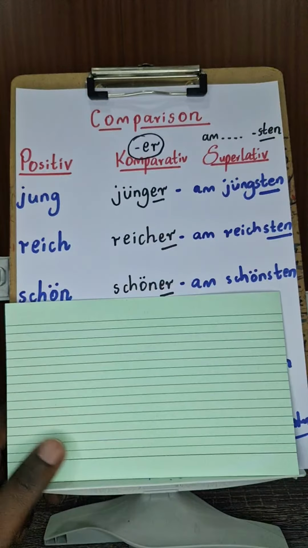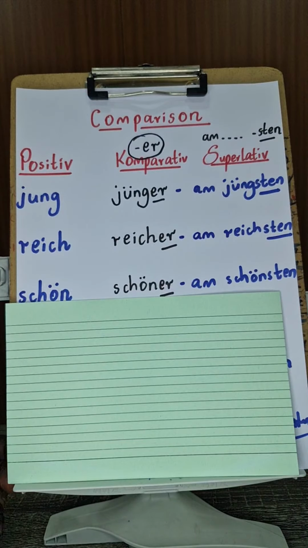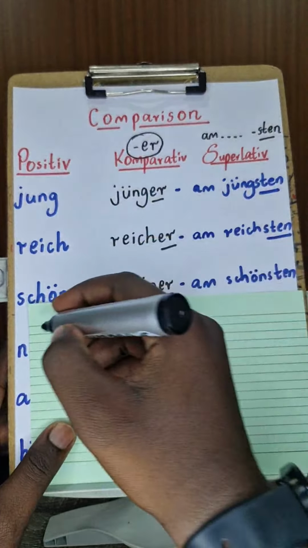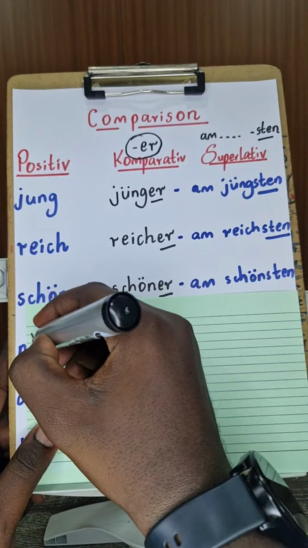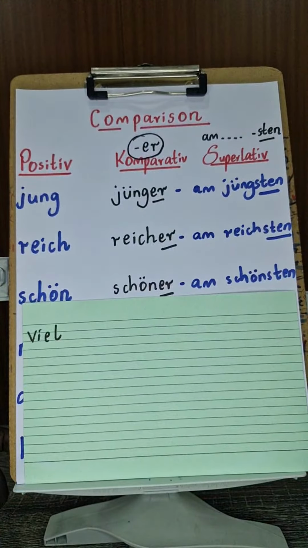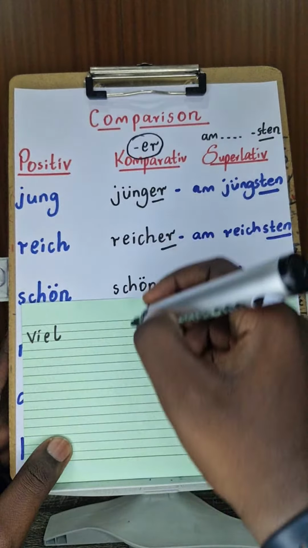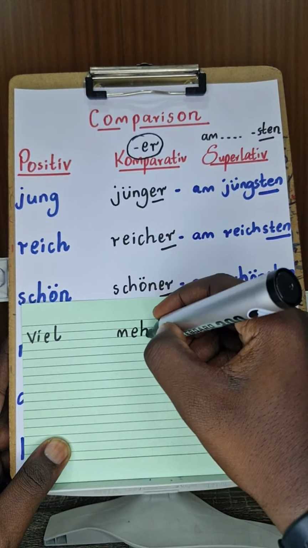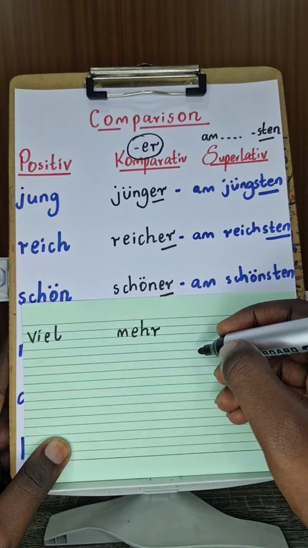So I want us now to pick some examples of the irregular ones, and I will pick 3 of them. The first example of the irregular one is viel. Now, viel normally means a lot, right? Now, for viel, it behaves differently, because in the comparative, it changes and becomes mehr. Look at that.